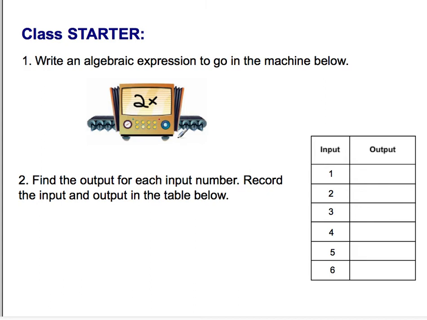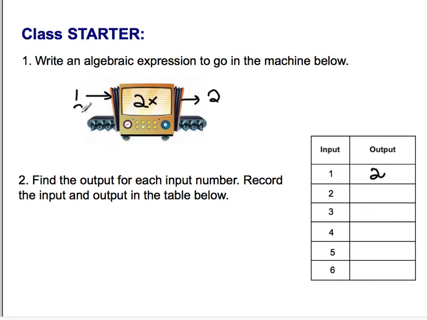Remember, 2 is your numerical coefficient and x is your variable, and x is a variable that represents any number. Now I'm going to say that number is 1. So when I put 1 into this machine, it says 2 times the number. So this is actually saying 2 times 1. It's going to spit out 2 because 2 times 1 is 2.